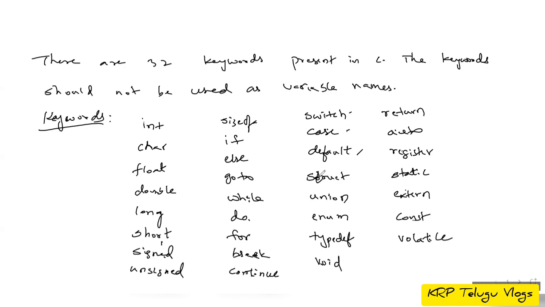Sir, what is it after return? Auto, register, static, extern, const, volatile.